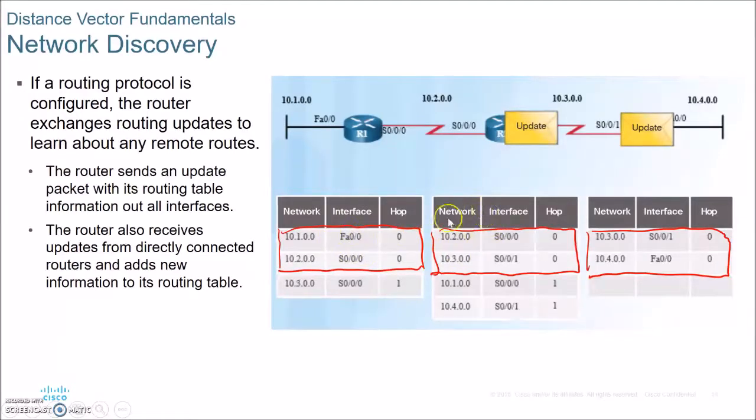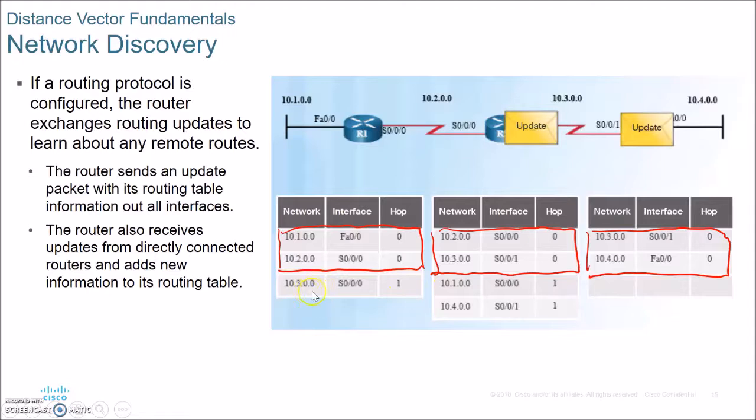Next, R2 will send the routing updates to R1, and it will contain these two directly connected networks. R1 will check, do I have 10.2? Yes, I have, so there is no need to add this route to my routing table. 10.3 is something new, so it's not in my original routing table.